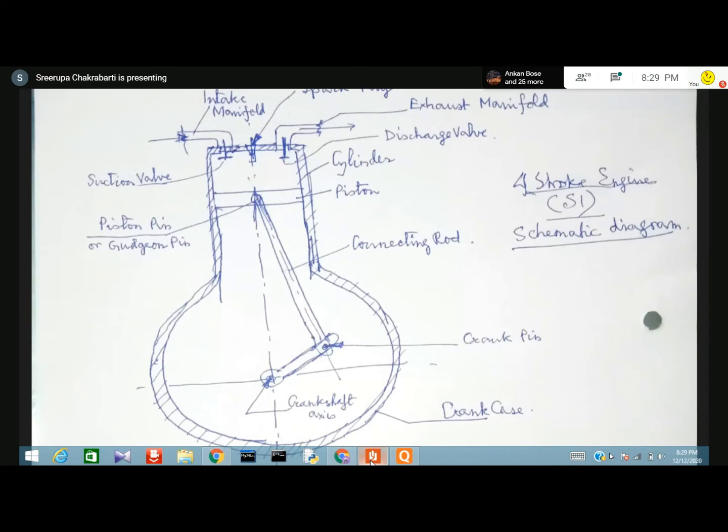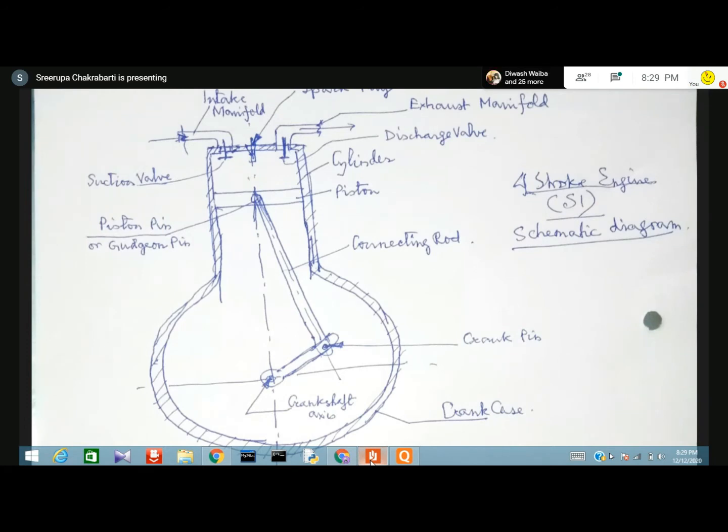Sir, why do we call top dead center and bottom dead center as dead centers? Yeah, because you see, dead means dead. That means because the piston, when it reaches that point, the piston suffers a change in its direction of motion.